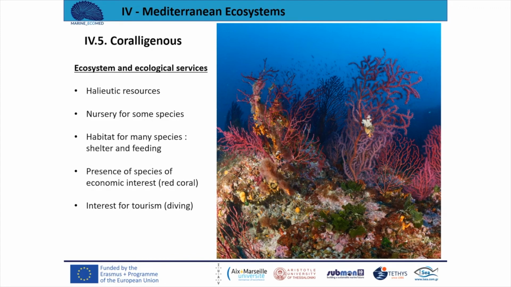In addition to the fishing interest, the coralligenous is the place of development of several species of economic interest, such as the red coral, Corallium rubrum. This habitat is also the most attractive for divers in the Mediterranean, so the diving activity can be carried by the presence of beautiful sites.